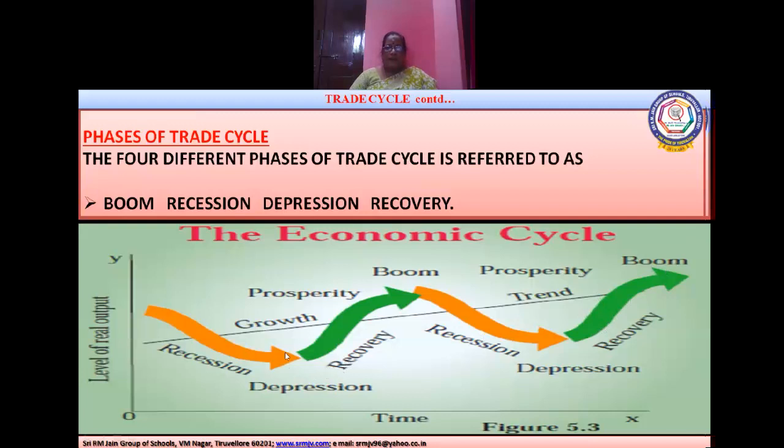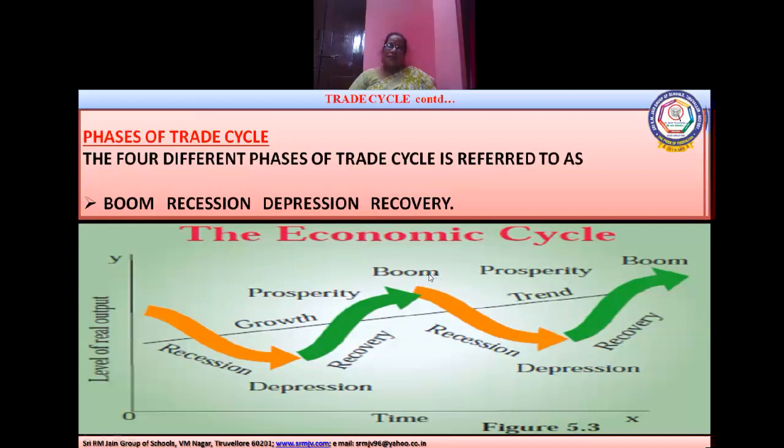Here industry can have growth. First it will start and go up, that is boom, then recession. As there will be so many fluctuations in an industry, it will not stagnate in one place.